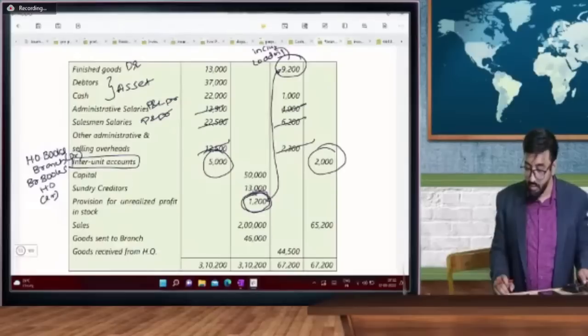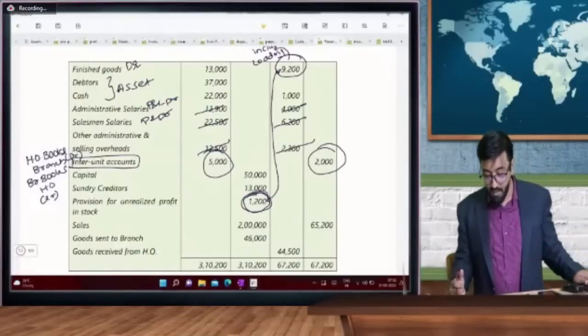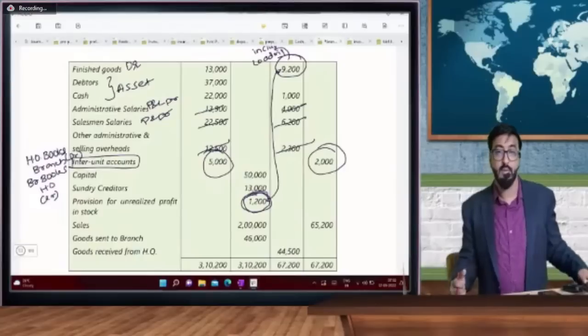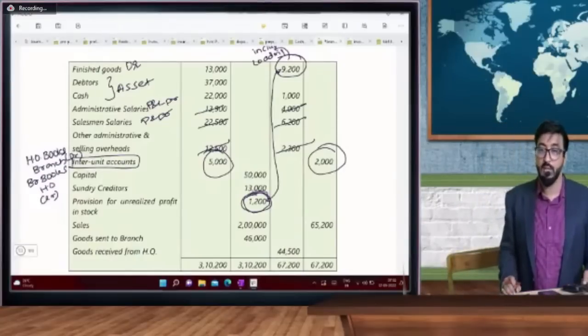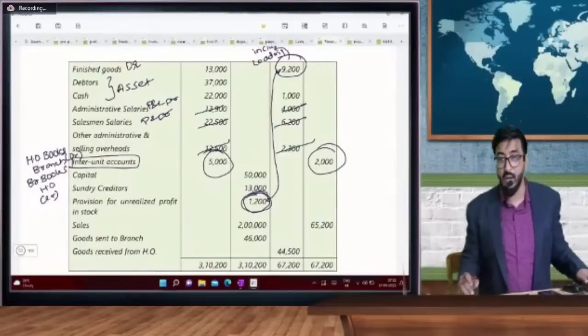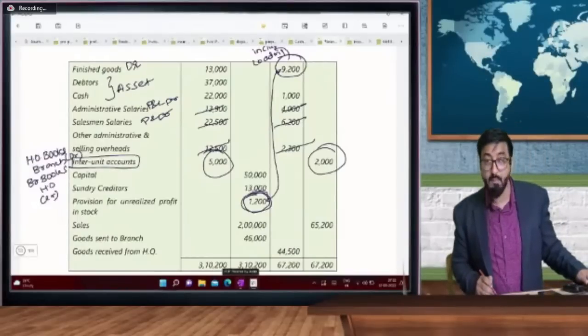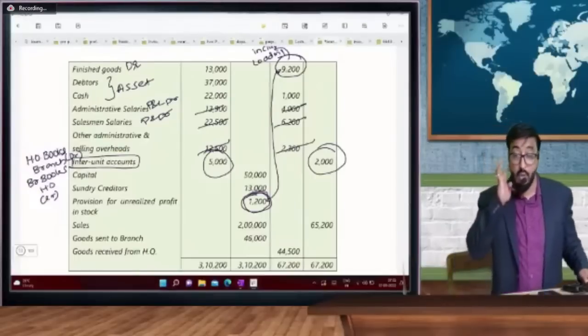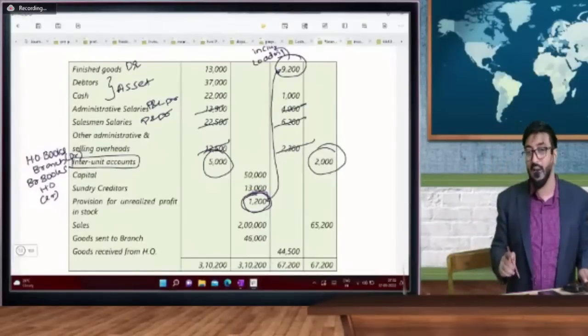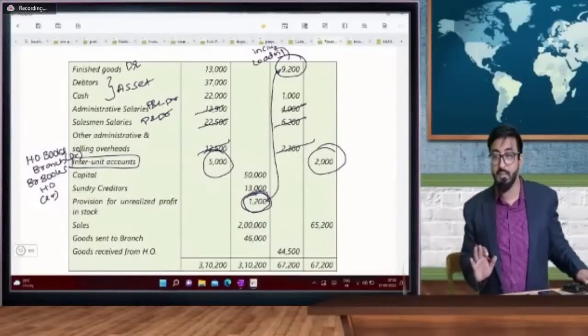Inter-unit accounts 5,000 and 2,000. So now 5,000 and 2,000 that we have to see afterwards. Capital account, balance sheet liability side. So inter-unit accounts we will complete after reconciliation. I can't write it now, I will take some time.